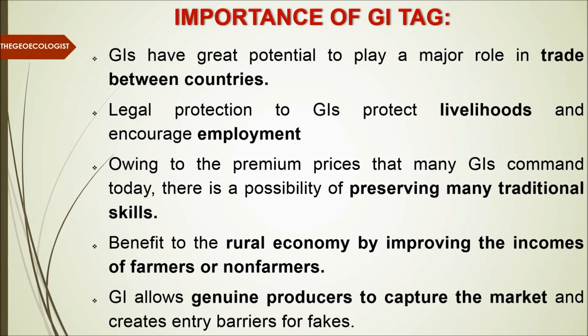There are many fake products in the market and people keep complaining these days: okay, I got some fake product, right? But genuine producers will get the best of the market, and genuine consumers will also get from the genuine producers. So this is the basic idea, that GI tag would ban the entry of fake products. That is one importance as well.